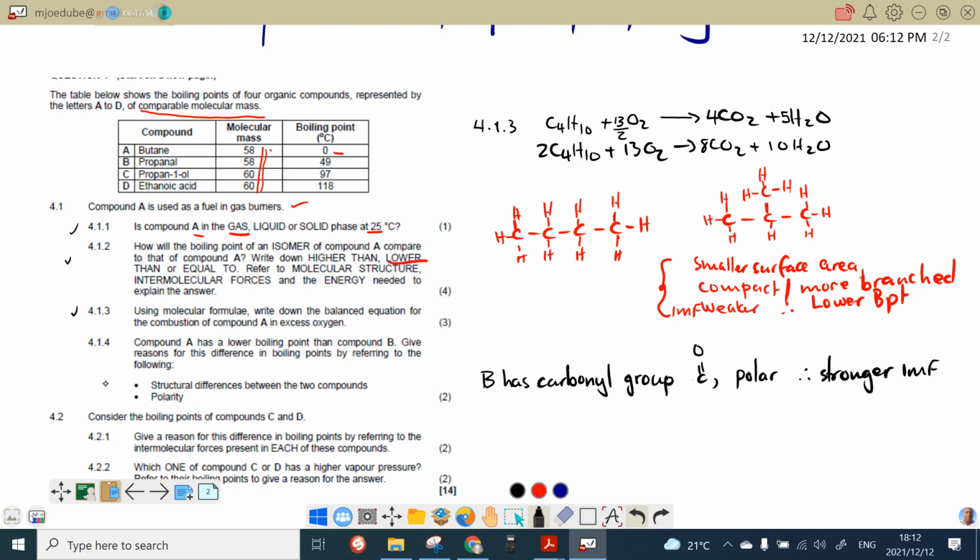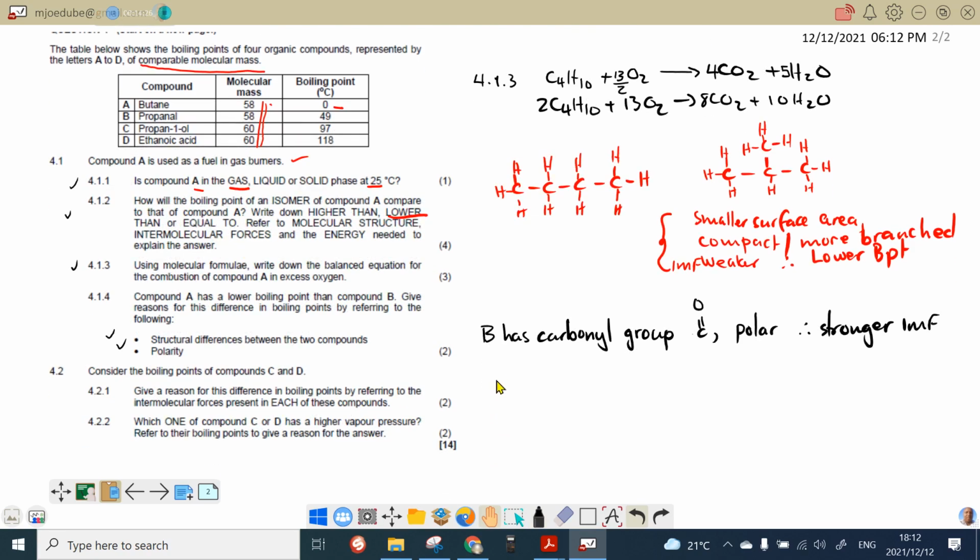And then 4.2, it says consider the boiling points of compounds C and D. Give a reason for this difference in boiling points by referring to the intermolecular forces present in each of these compounds, in each of C and D. So C and D, you are to give the difference in the boiling point.